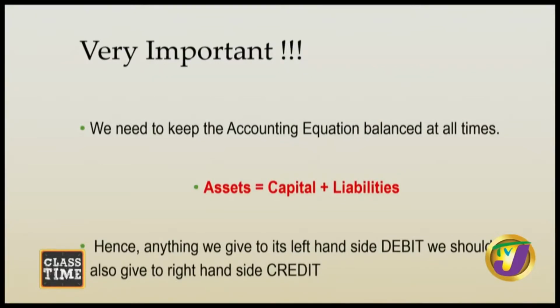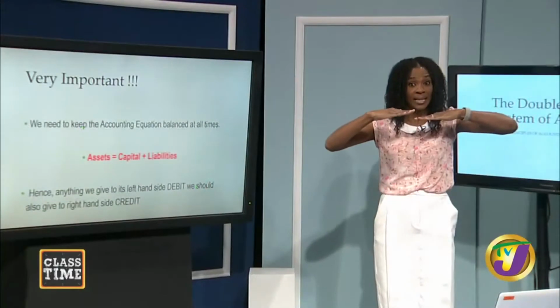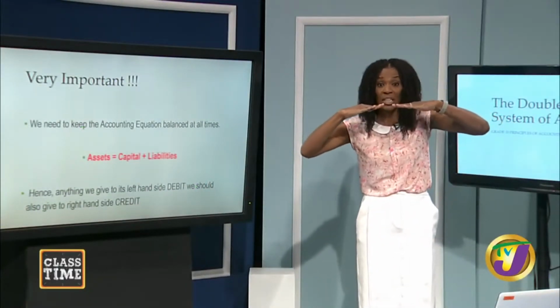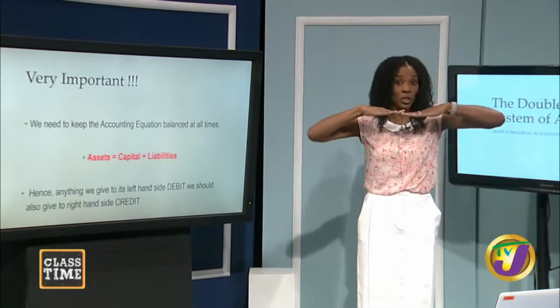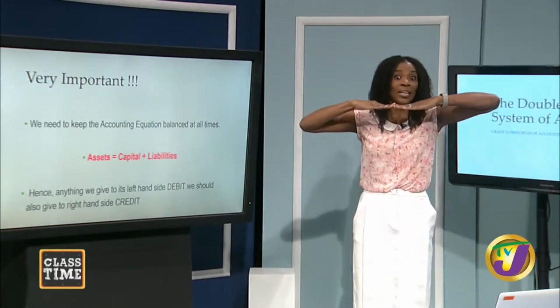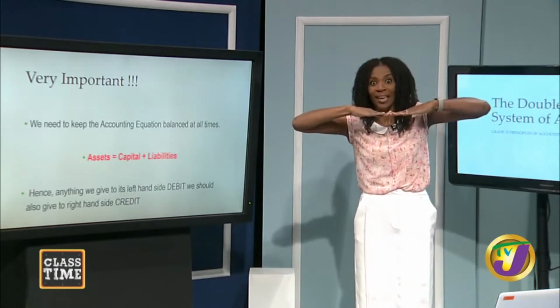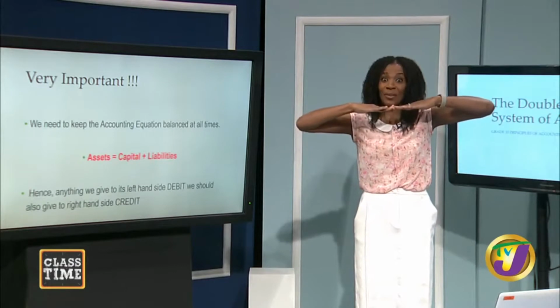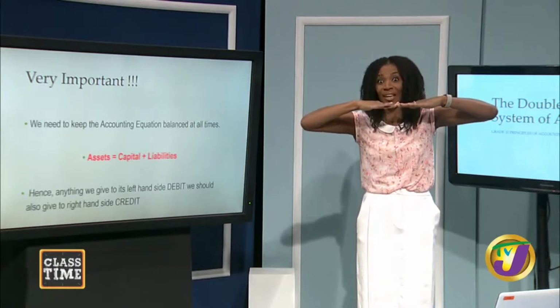And at all times, you know that an equation has 2 sides, a left-hand side and a right-hand side. We always have to make 2 entries when a transaction occurs so as to keep the equation balanced. Anything that we give to the left, we also have to give to the right. Or in accounting language, anything that we give to the debit, we give to the credit.